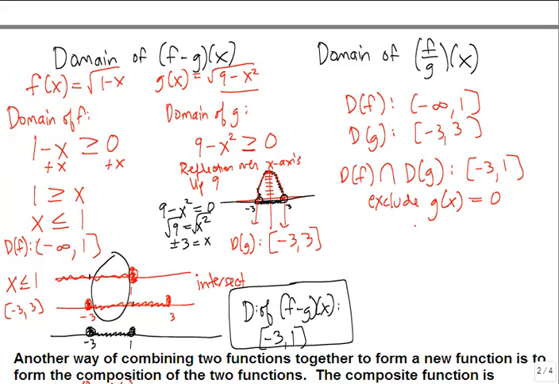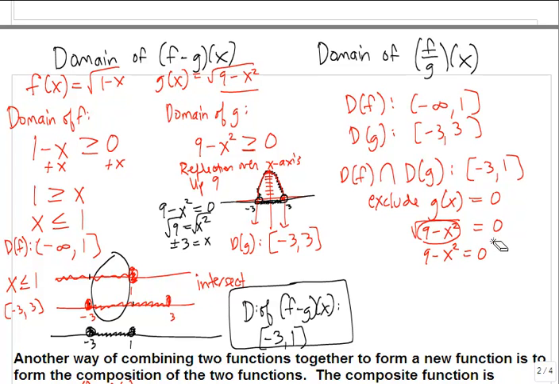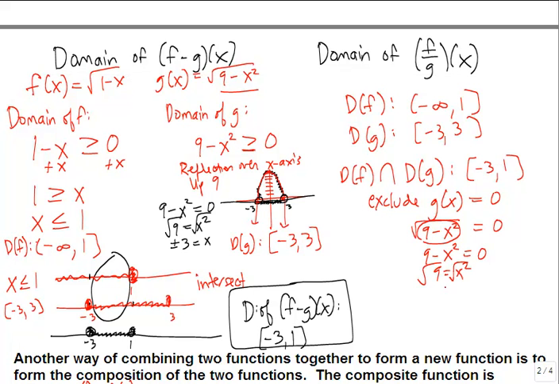So remember, g of x was this square root of 9 minus x squared. And where did that equal 0? Well, it's going to equal 0 when this inside quantity equals 0. And 9 minus x squared equals 0. Remember, we solved that already. We take our square roots at plus or minus 3.